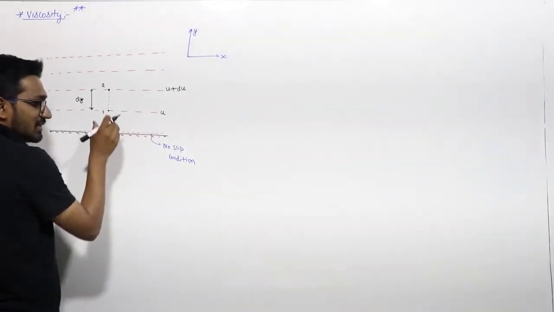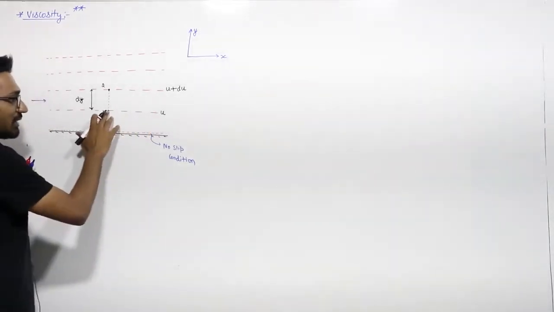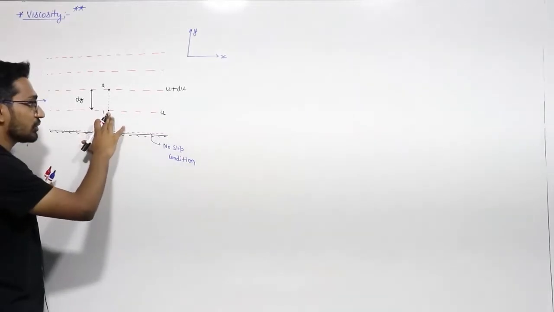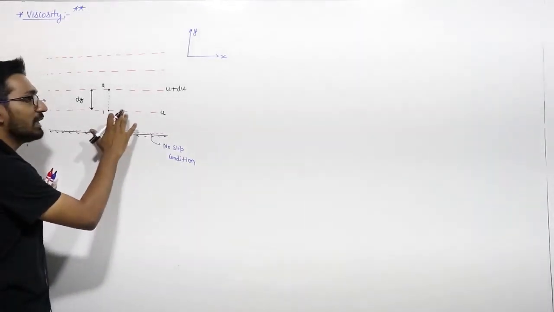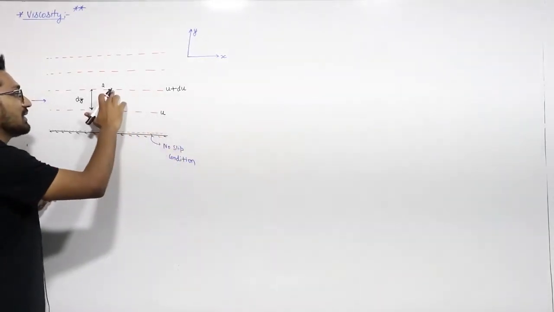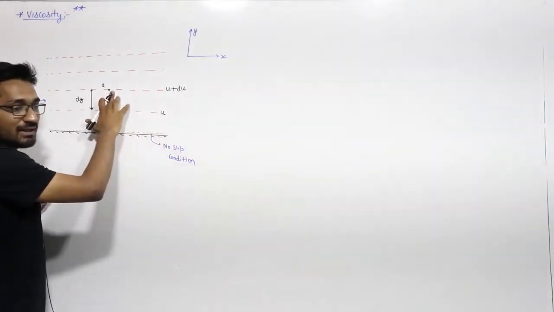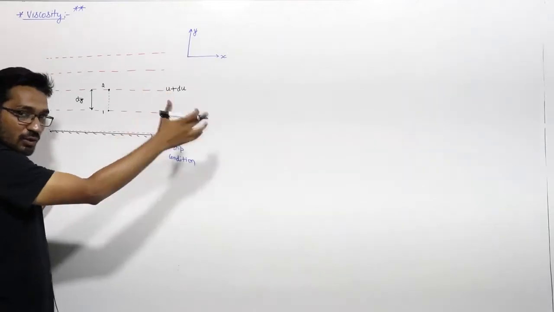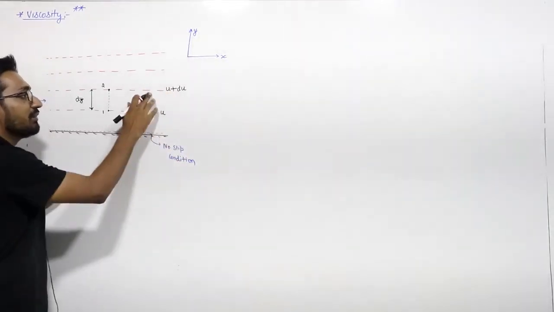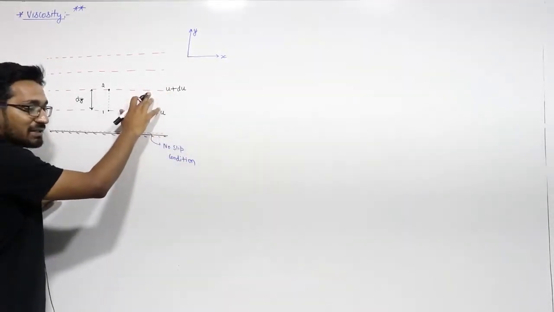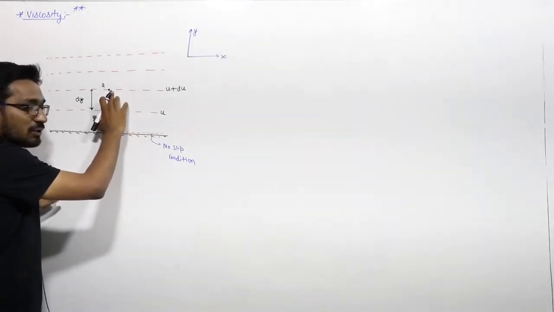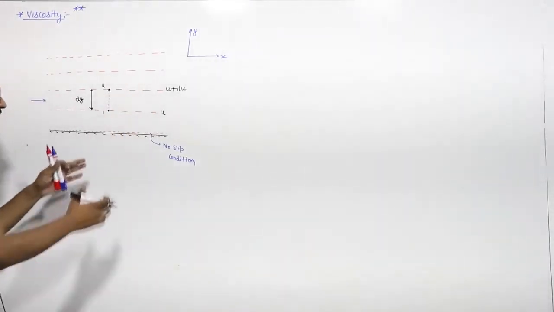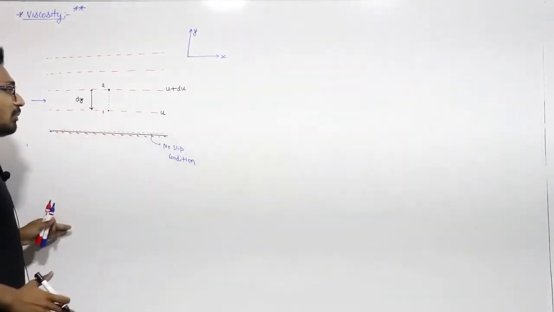Distance is speed into time. The velocity of particle 1 is u, so the distance covered by it in time dt is u into dt, and the distance covered by particle 2 in time dt is u plus du into dt. Since the velocity of the second layer is more, the distance covered by fluid particle 2 is more than that of particle 1.